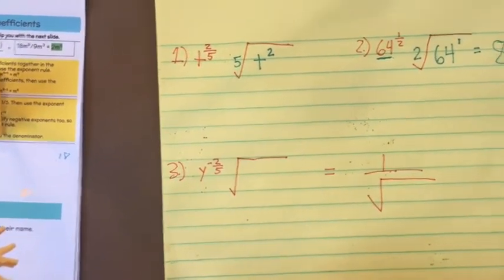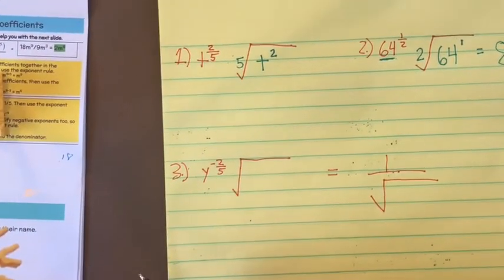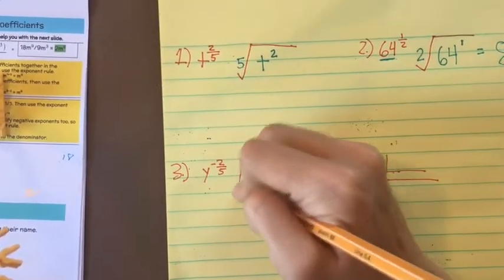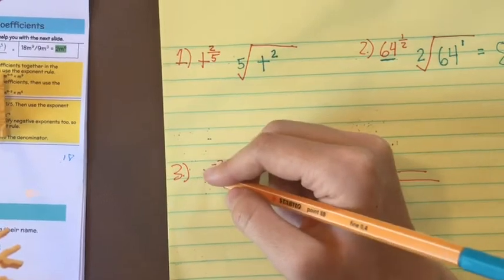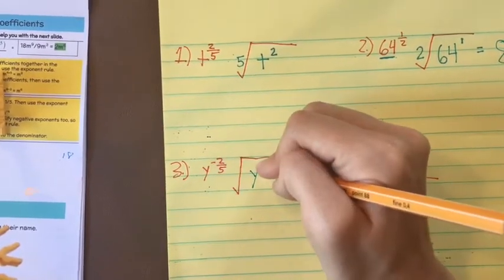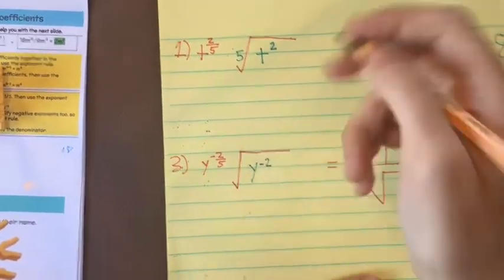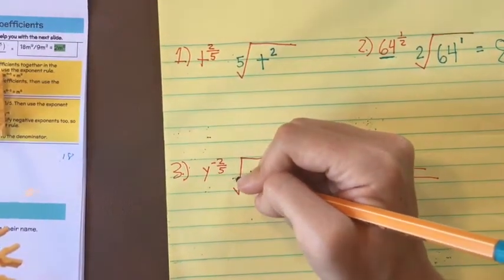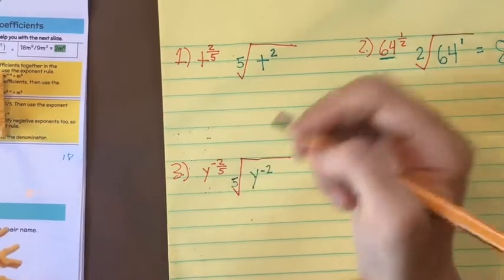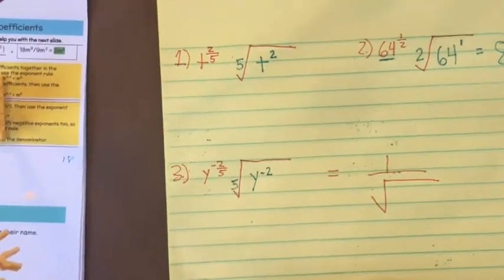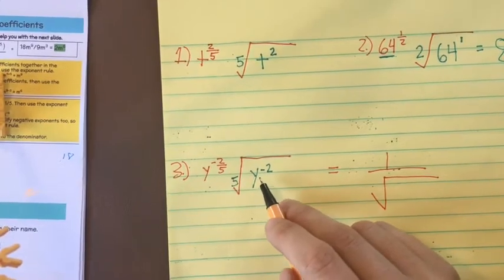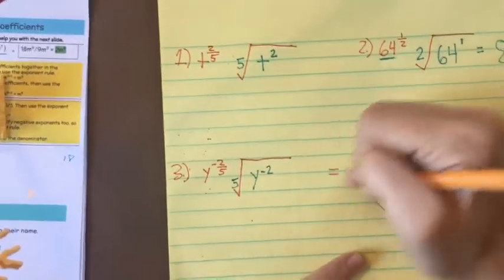So then let's take a look at this number 3 here. This is where it gets a little bit tricky because we have a negative number here, right? So this means we're going to write inside our square root, y to the number that's in the numerator, so y to the negative second power. And then this number that's outside is going to be our 5th root, right? Ooh, but I can't have a negative exponent. So how do we always go about writing that?